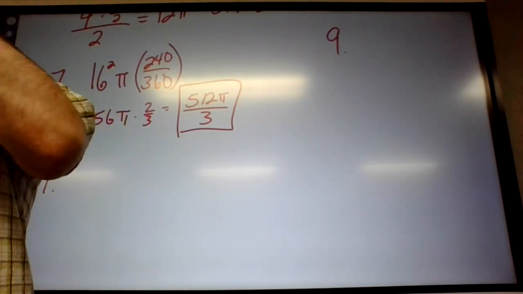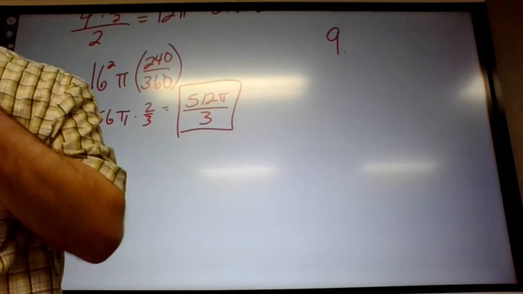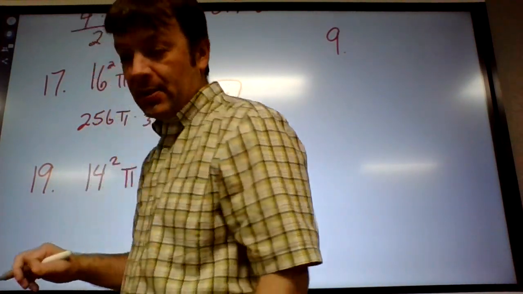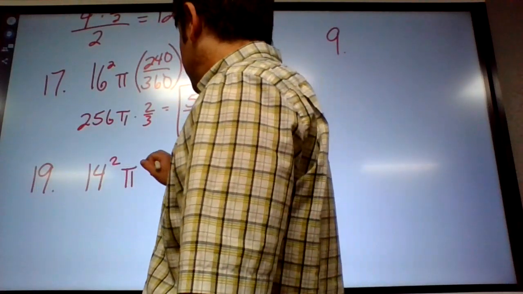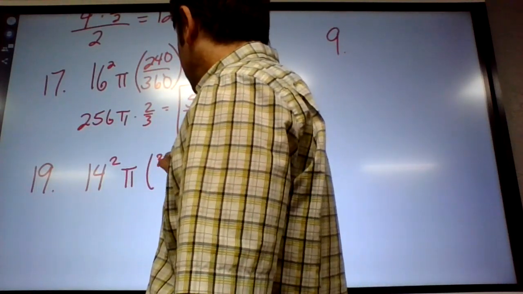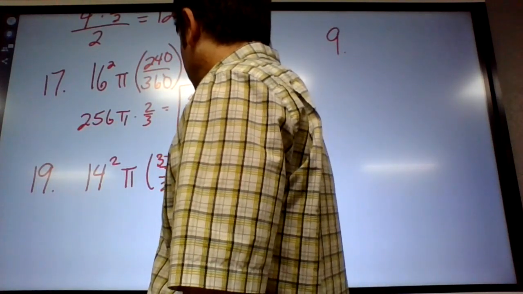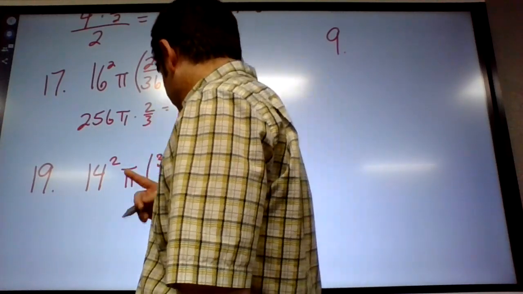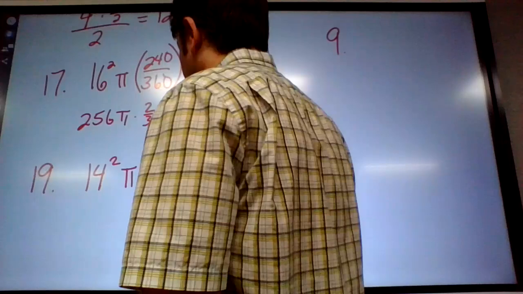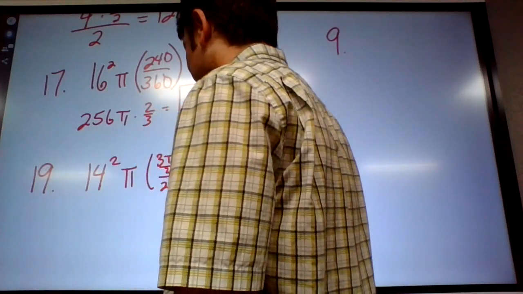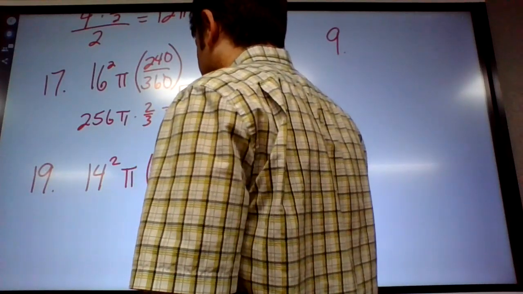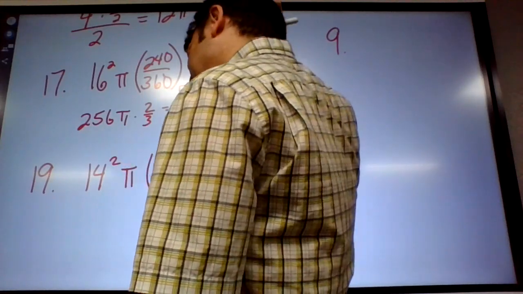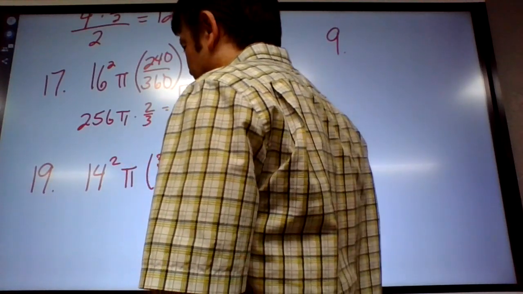All right, 19. Radius squared, 14 squared, times pi, times 3 pi over 2, out of 2 pi. Oh gosh, what a mess. 3/4. 42, 21.